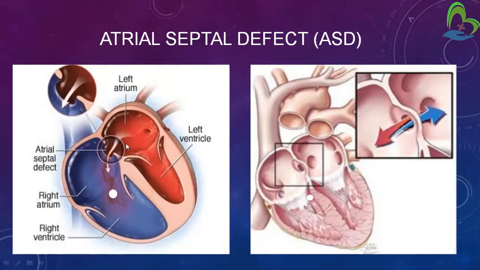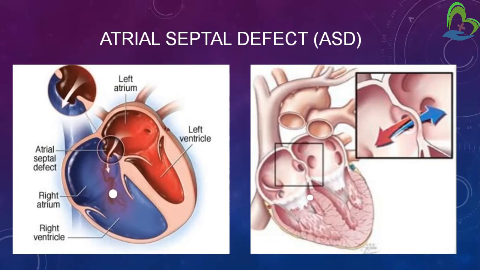Because of this opening, what happens? The left side's blood flows into the right side, that is from left atrium to right atrium. Why from left atrium to right atrium? Because on the left side of the heart there is more pressure, because the left side of the heart has to supply blood to the whole body, to all the systems.